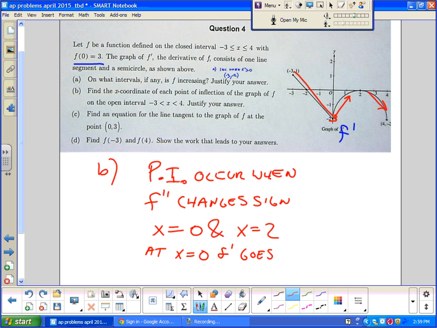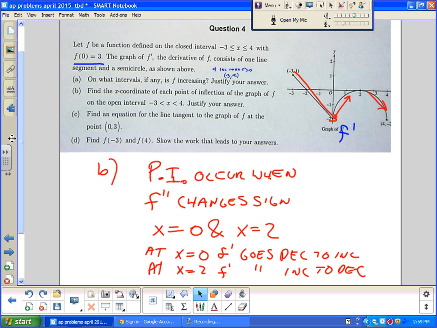You guys agree? The function was getting smaller, then it starts getting bigger. So it goes from decreasing to increasing. And at 2, f prime goes increasing to decreasing. All right, that would be my notes.